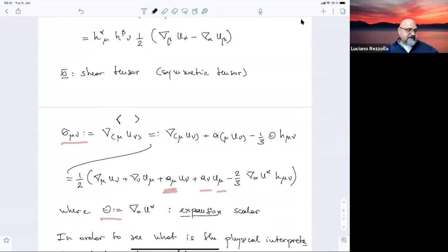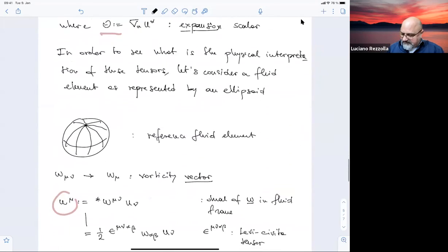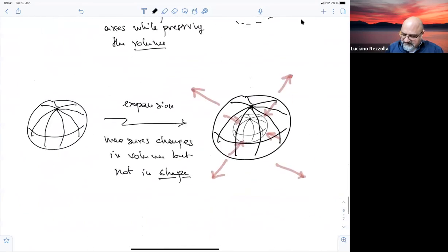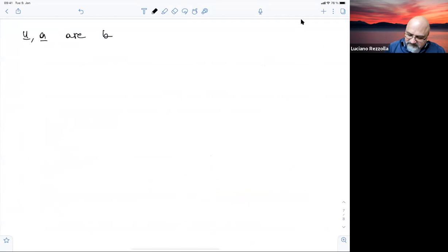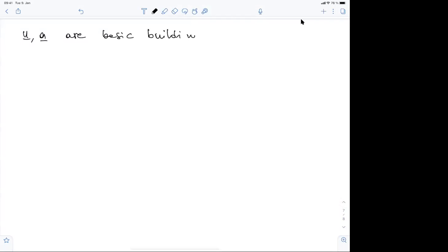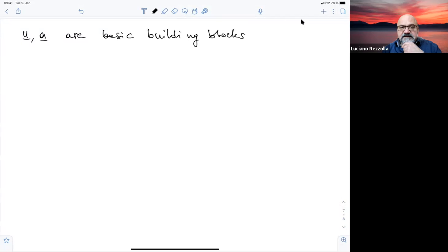So I hope I have impressed that u and A are quite interesting tensors. They are basic building blocks. Yes, there was a last question, whether omega is a rigging tensor. A rigging tensor? I don't know.